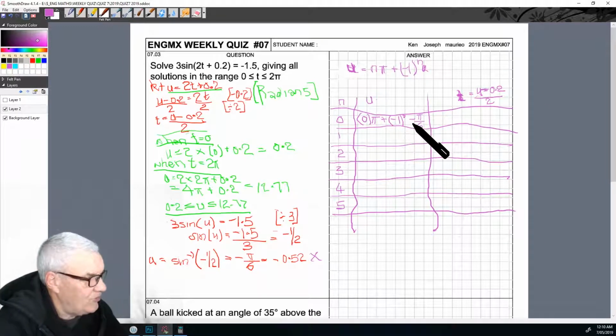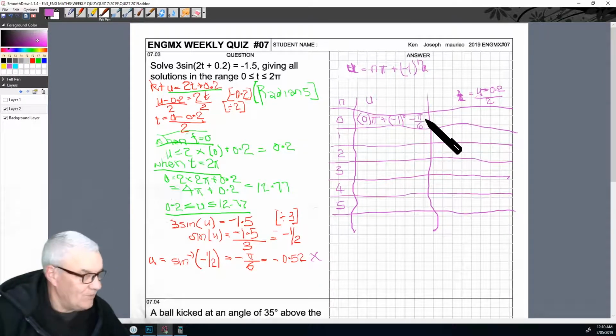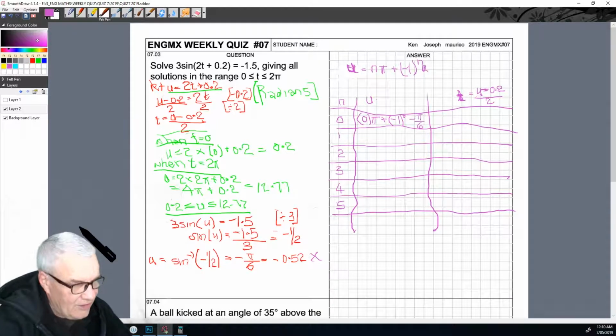We know that's outside the range already. That's 0.52. But anyway, we'll just check that out on the calculator.